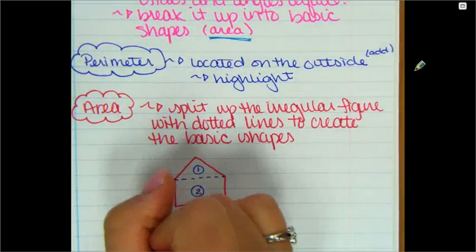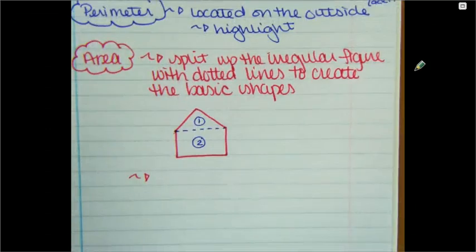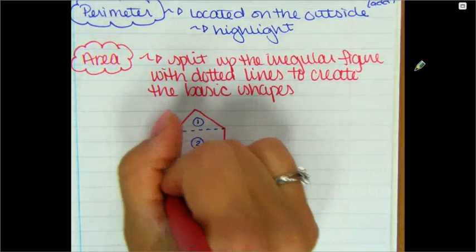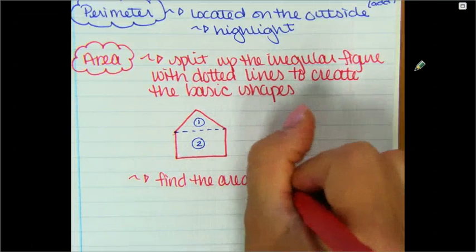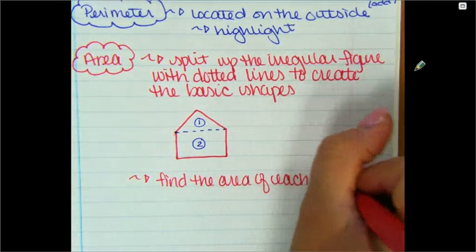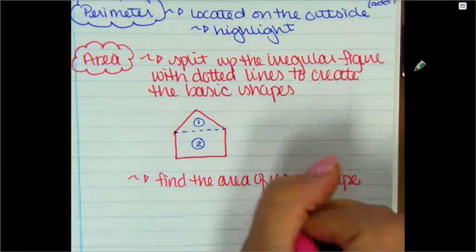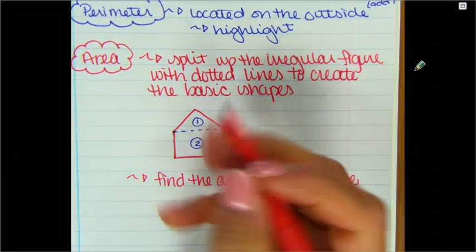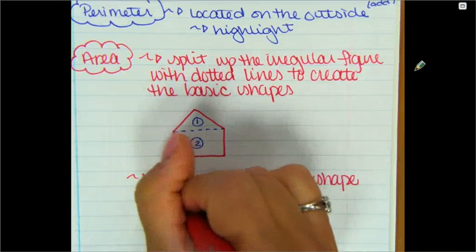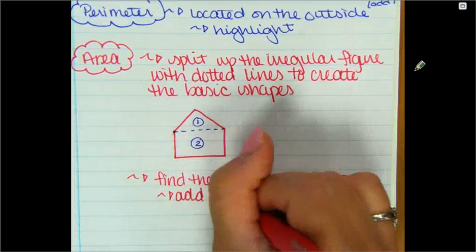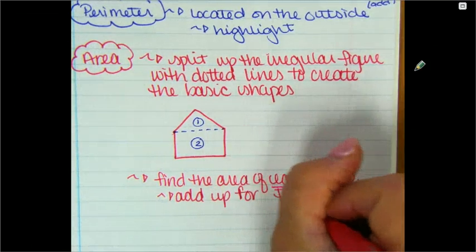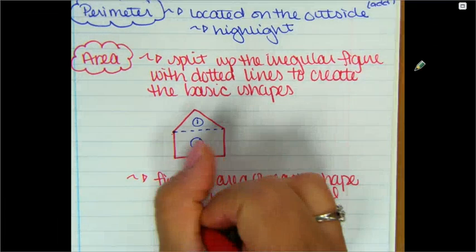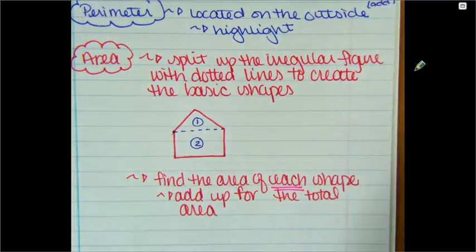So then what you would do is you would find the area of each shape, and then you would add them up for the total area. Okay?